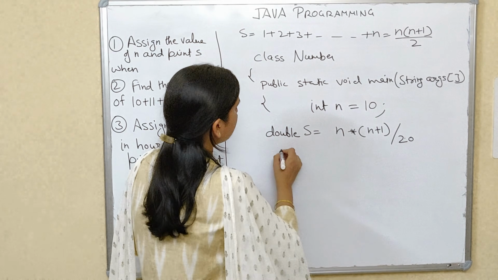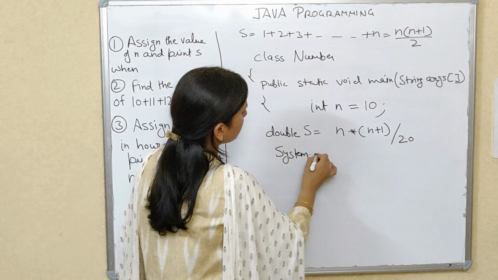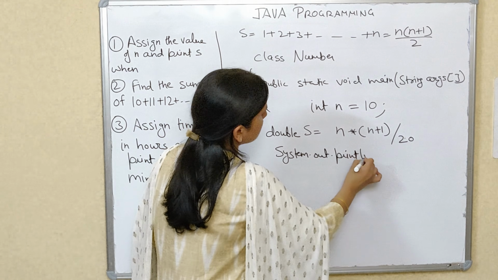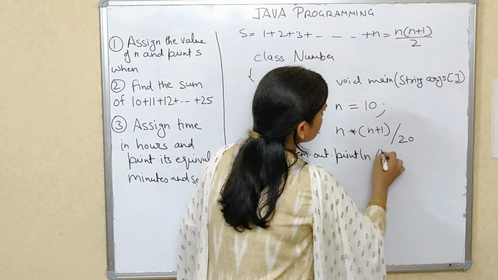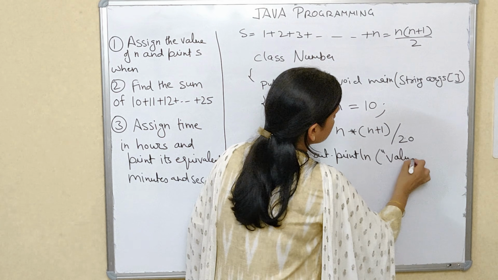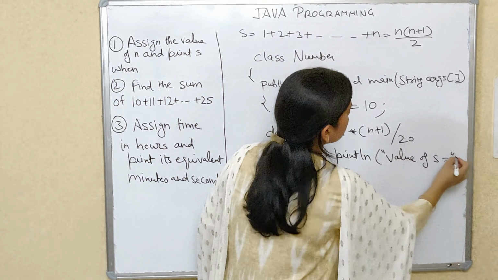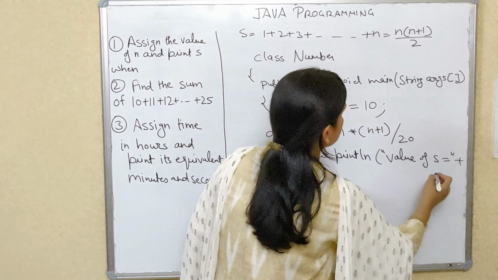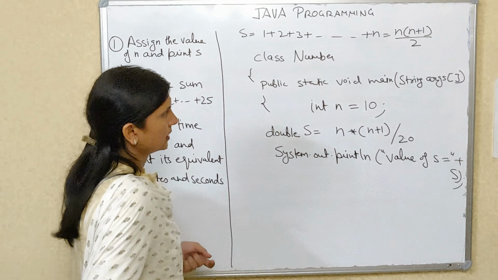So display the value of s. System dot out dot println, value of s equals to plus sign, and the variable I have taken is capital S, so you will take capital S only.